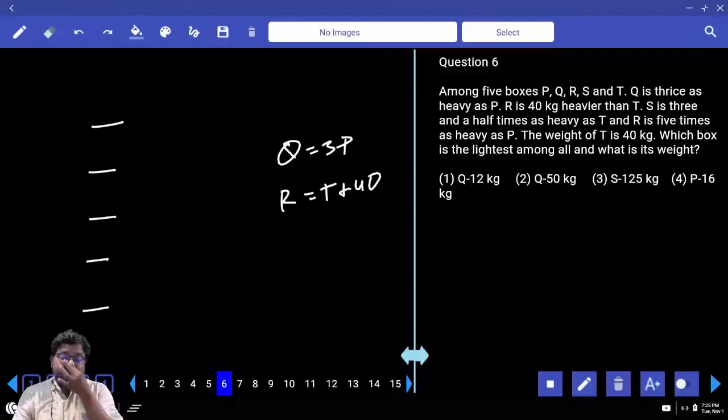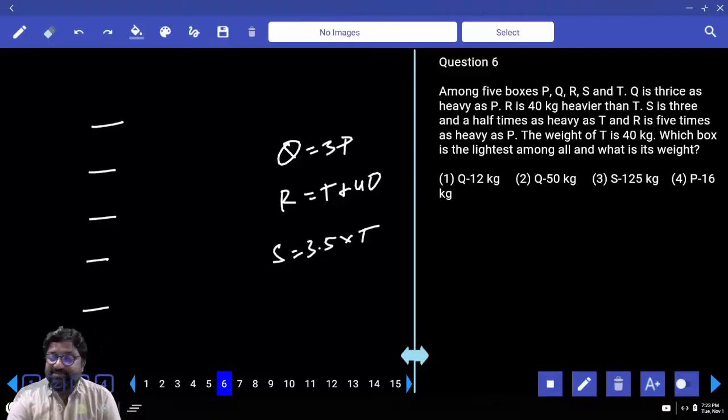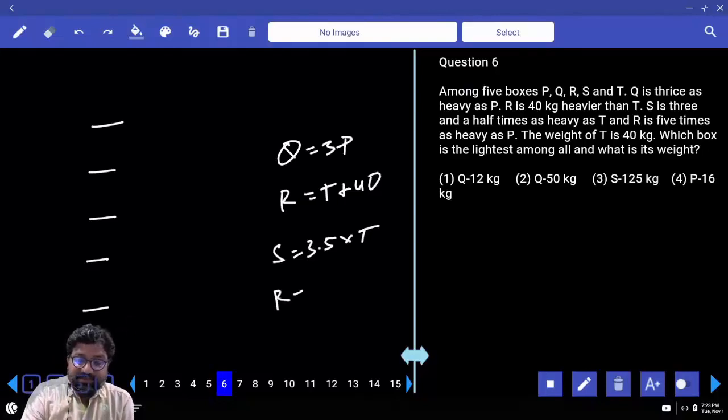S is 3.5 times as heavy as T, so S equals 3.5 into T. And R is 5 times as heavy as P, so R equals 5 into P.